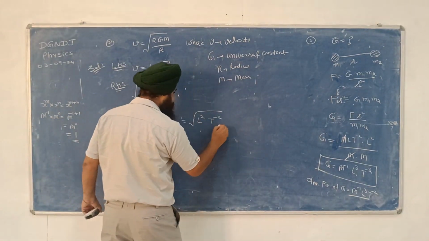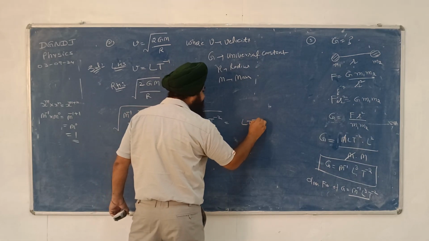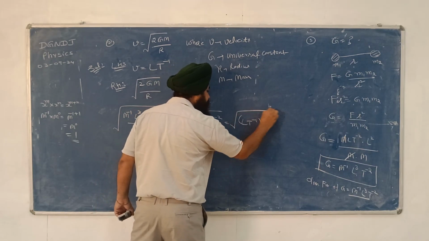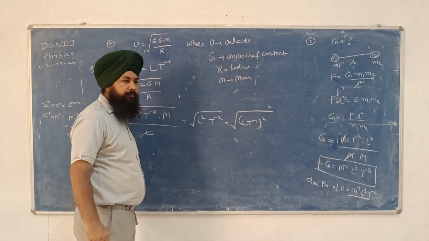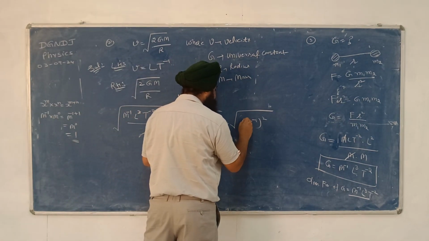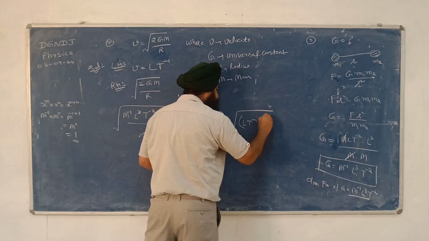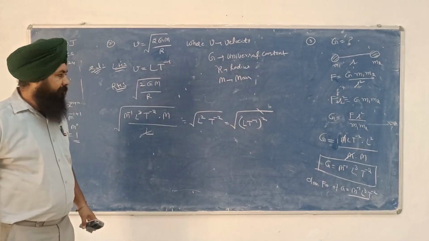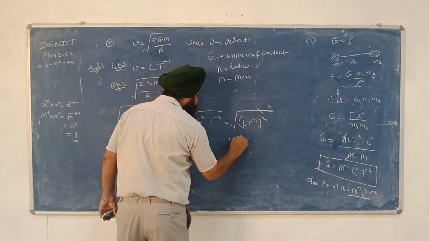This is equal to LT minus 1 square root. Any doubt? Now this will cancel with this one, so the answer I have is LT minus 1.